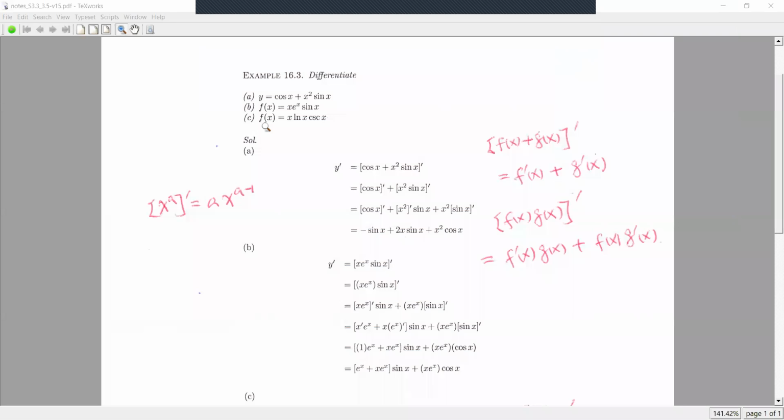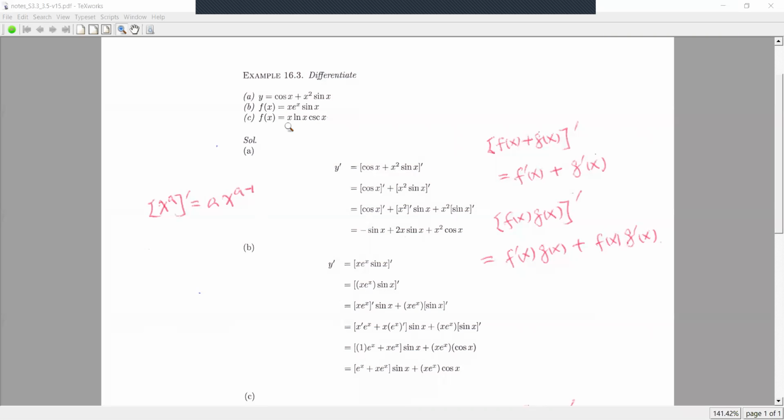Part C. The function in part C is a product of three functions. Function x times function natural log of x times cosecant x. So to compute the derivative of this function, we need to apply the product rule twice. This is one solution.